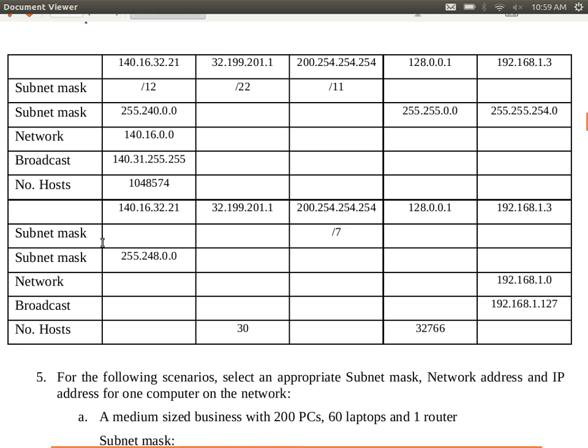We take the first 13 bits and then set the last 19 bits to all binary ones. And then convert back to dotted decimal, and we would get, what do we get? Calculate the directed broadcast address in dotted decimal notation.